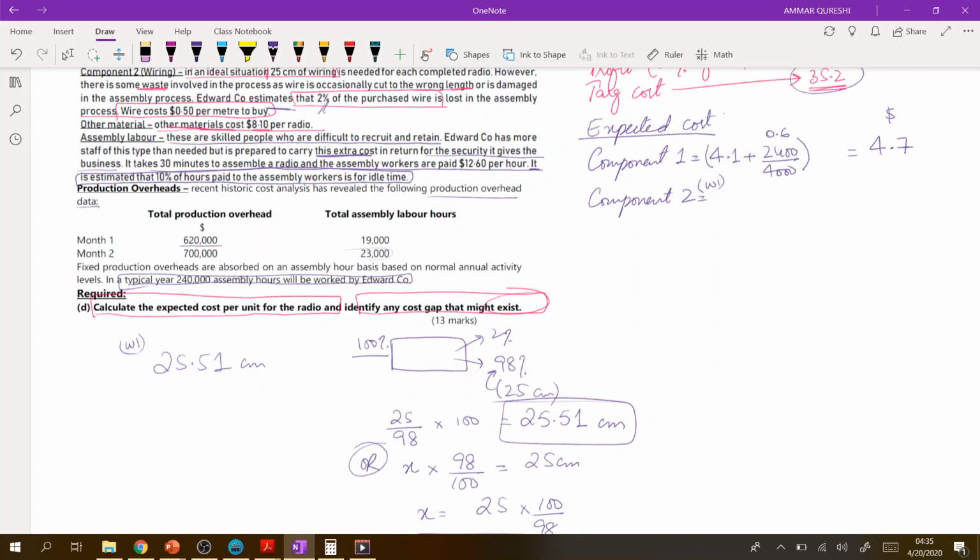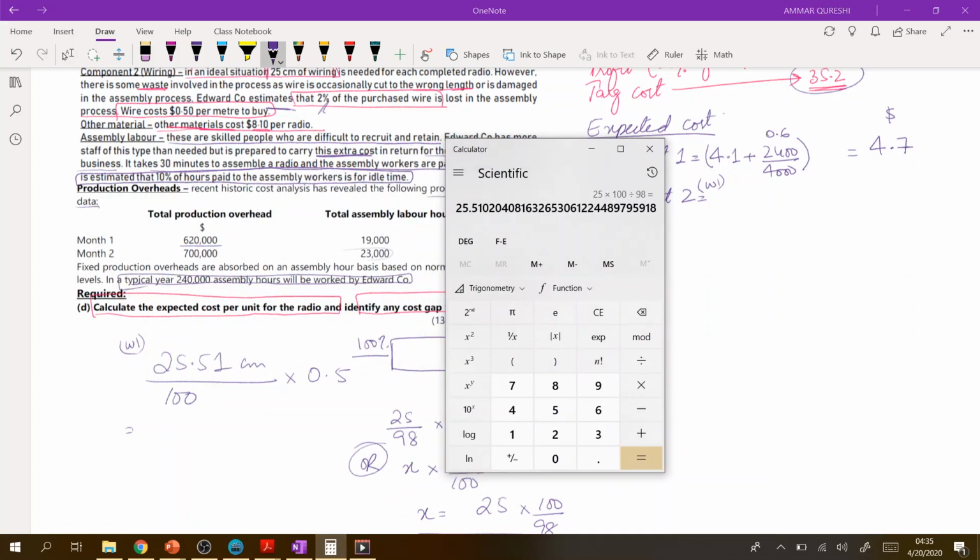We don't have meters, we have centimeters. So in centimeters, divide it by 100 and then multiply it by 0.5. Centi is for 100. Centimeter, cent is for 100.